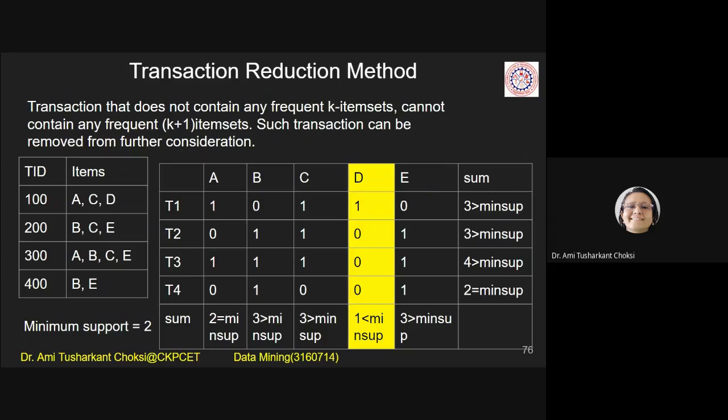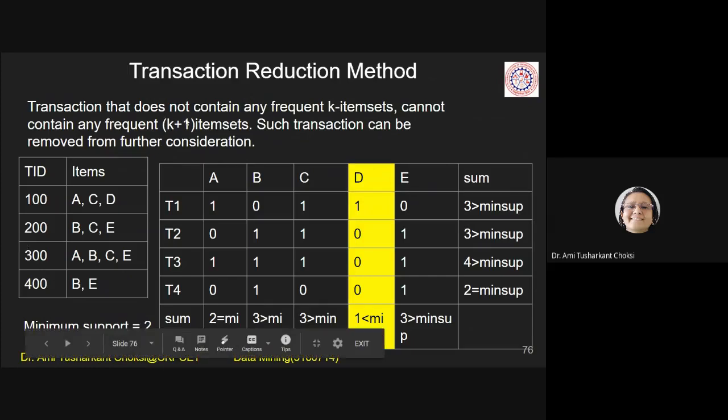Now this method says to reduce the transactions, so we do not have to scan many times. If we have, say, thousands of transactions, we have reduced the data, so we can say our algorithm will be faster. Okay, so that is what we want to do here.